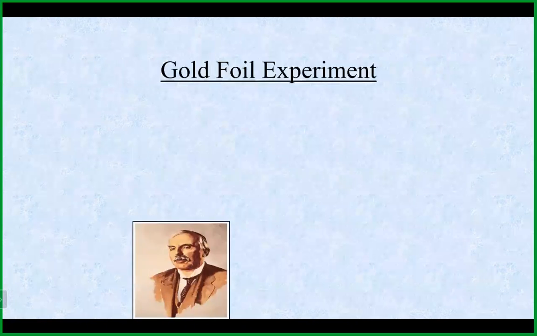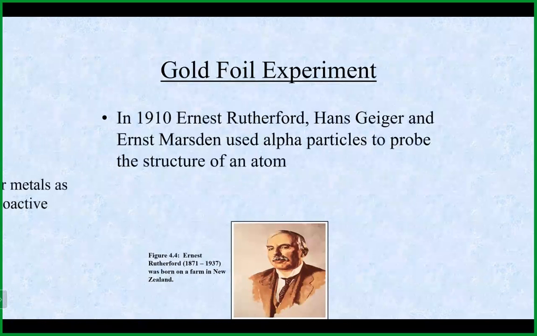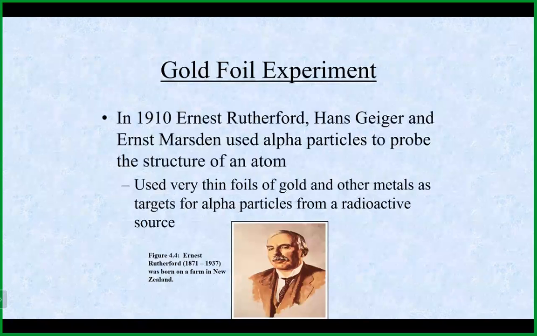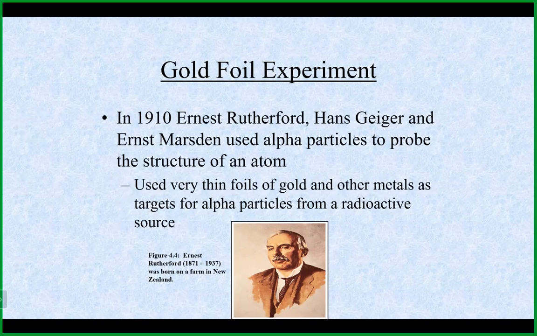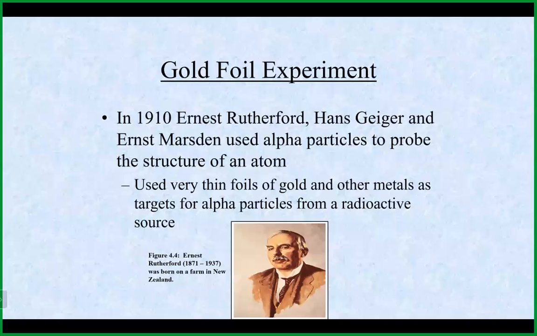And the next really major step to the understanding of the atom came through the gold foil experiment. The gold foil experiment was done by Rutherford and some other guys like Geiger and Marsden. And what they used was pieces of gold foil, and they shot alpha particles at it. There are three radioactive particles that were commonly used in a lot of experiments.